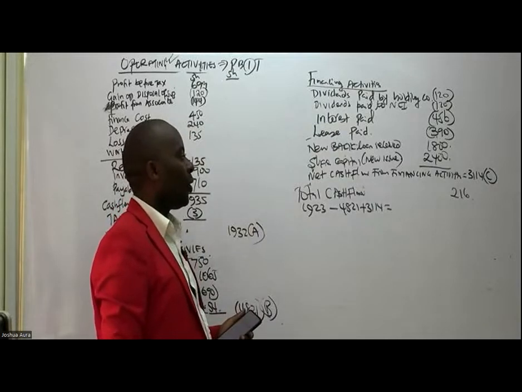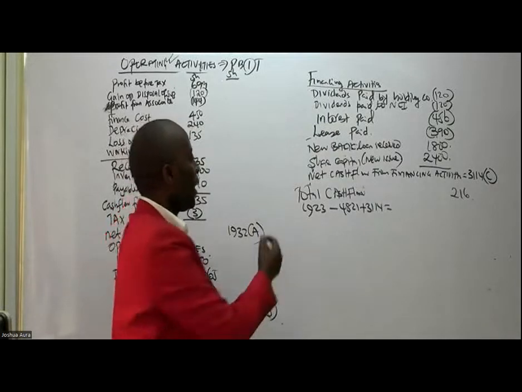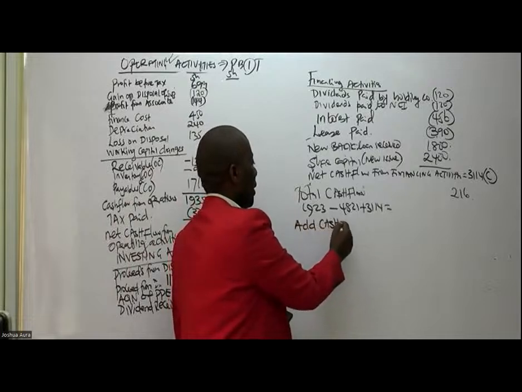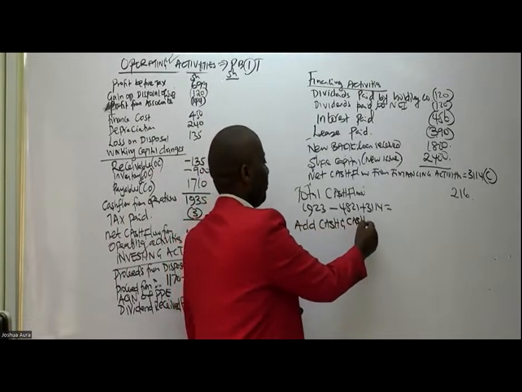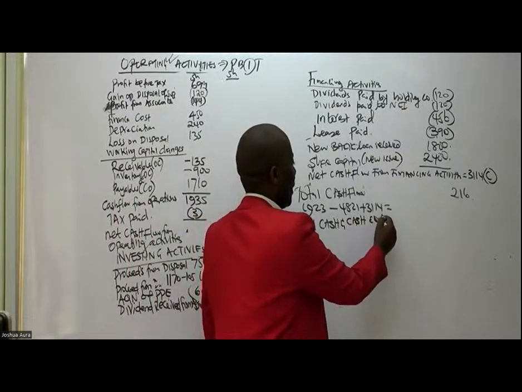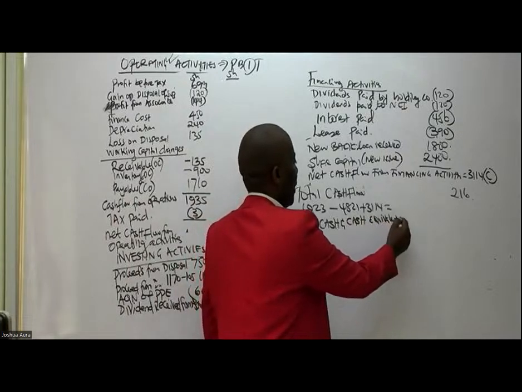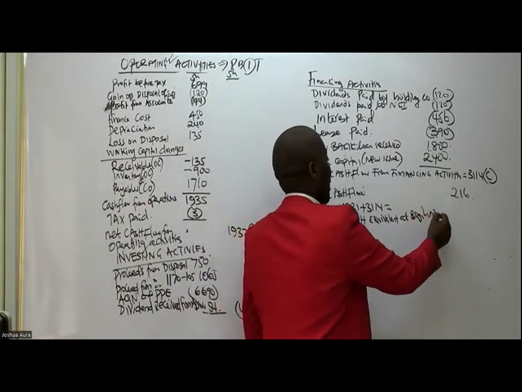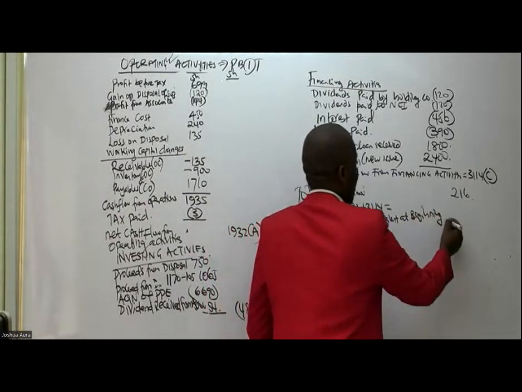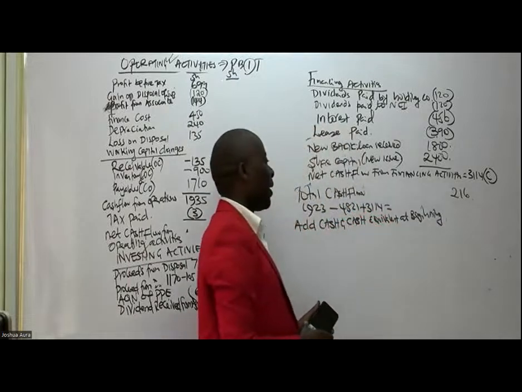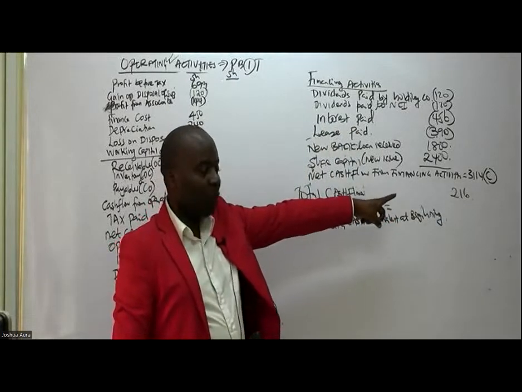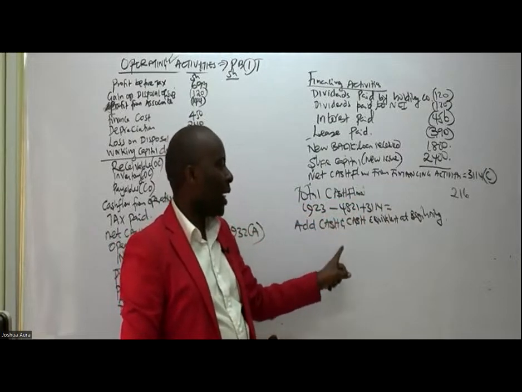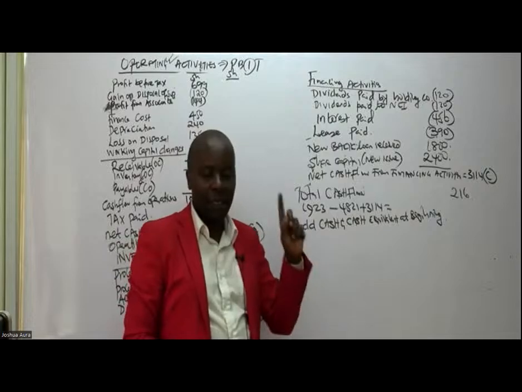So from there, you will come and add cash and cash equivalents at the beginning. Whatever you will get there, when you add it to that figure, then you should be able to get the closing cash and cash equivalents like that.